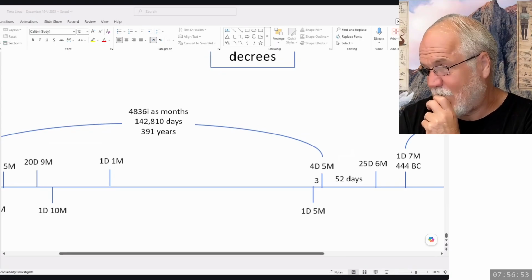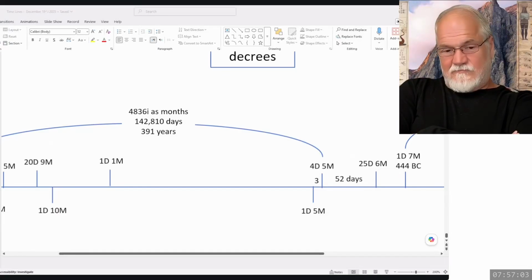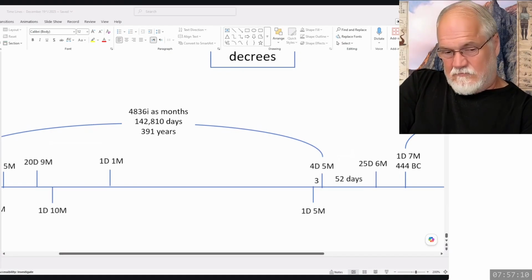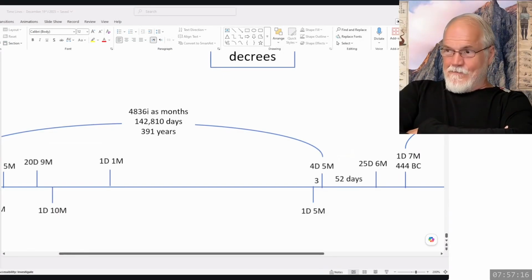When the children of Israel came to Sinai, our Heavenly Father, through Christ, gave a revelation of his character that are 10 promises. But after the 10 promises were given, an expansion on those 10 promises became the law of Moses.